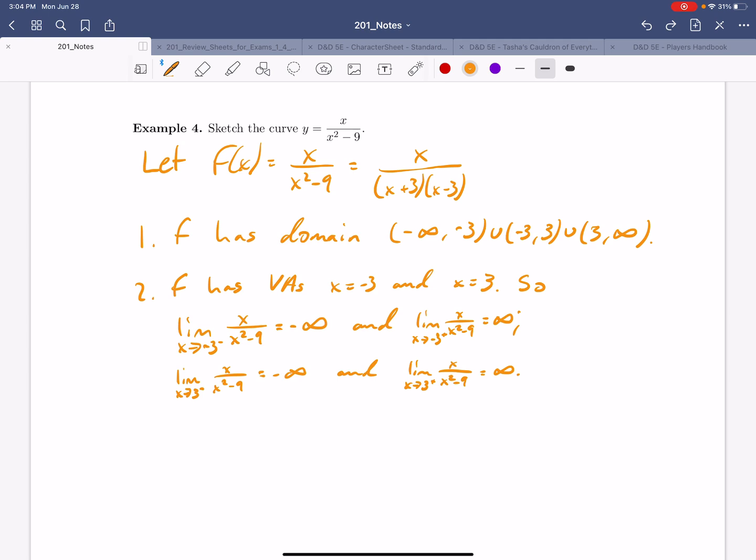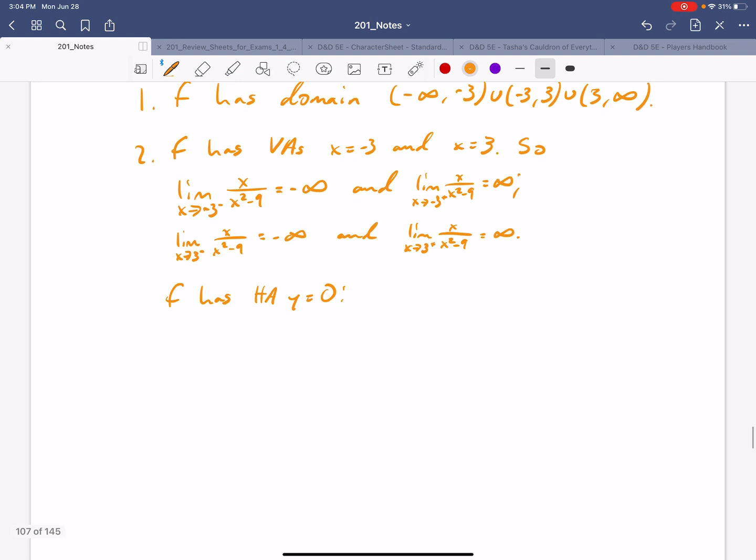Okay? Now, as for a horizontal asymptote, I'm hoping you can see that it's going to be y equals 0 because the degree of the top is lower than the degree of the bottom. So I hope that you can see this, but if not, then just save that statement until the end. But we have the limit as x approaches infinity of x over x squared minus 9, right?